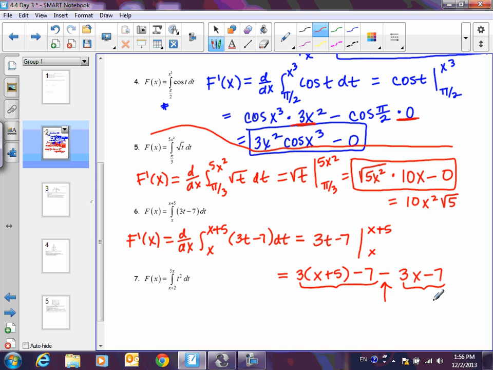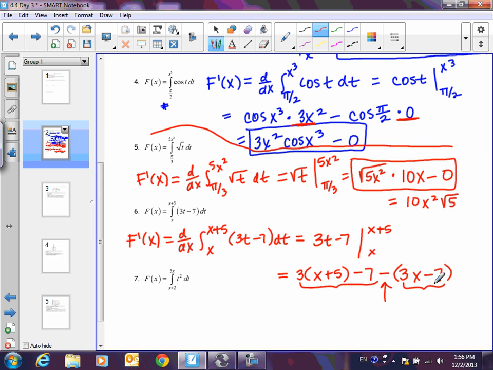What's wrong with this statement? Where do I need parentheses? Around the 3x minus the 7. Why? Because that minus applies to everything. This is the kind of thing, you don't want to be the person that understands the second fundamental theorem of calculus but doesn't distribute your negative.